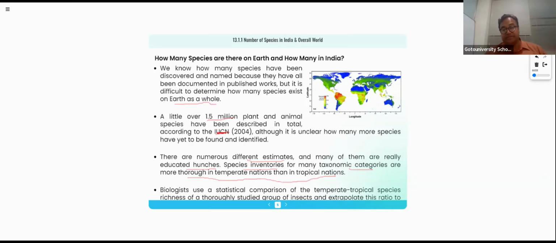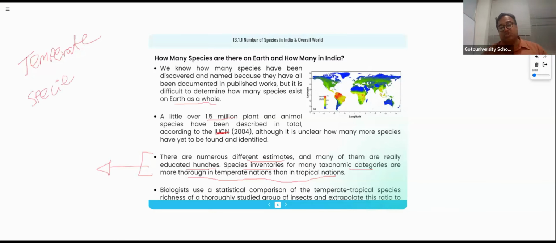Why is this possible? If you look into this seriously, in the temperate area the species population is very small. Why?